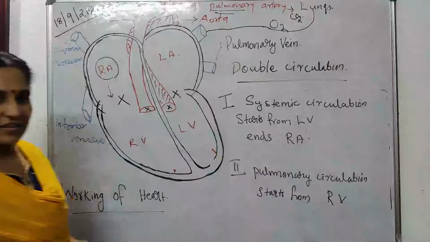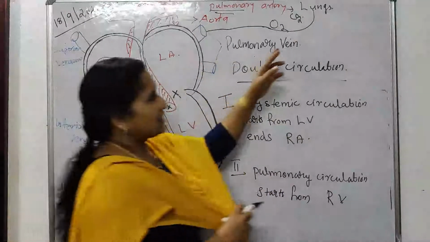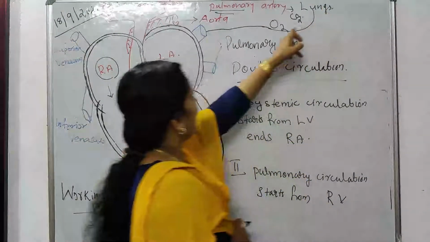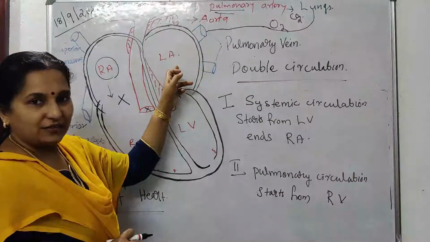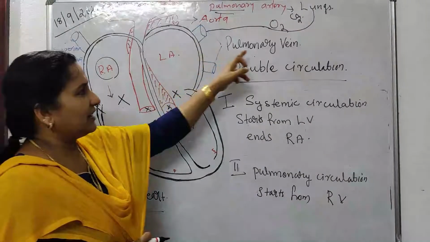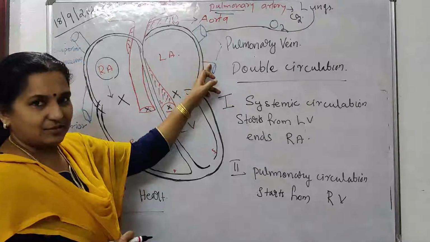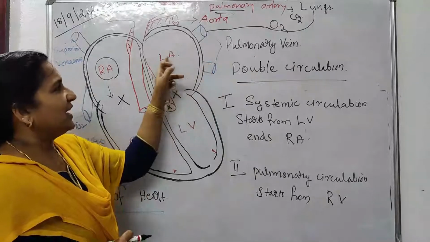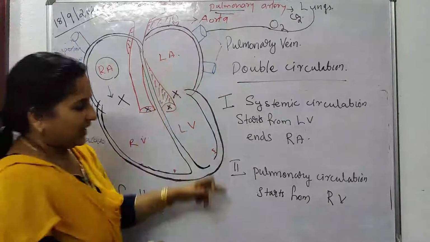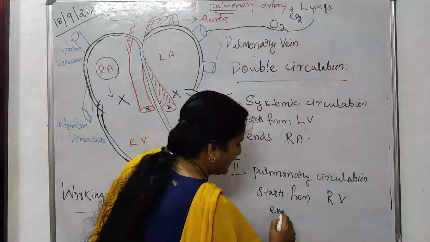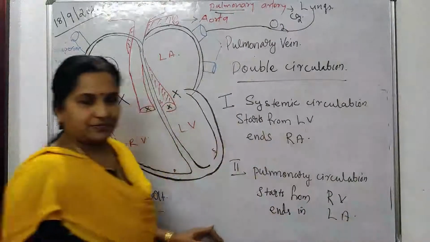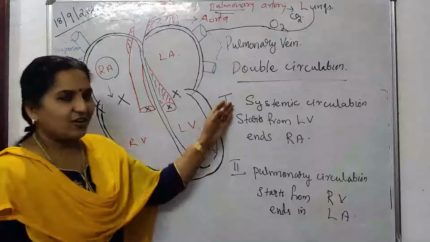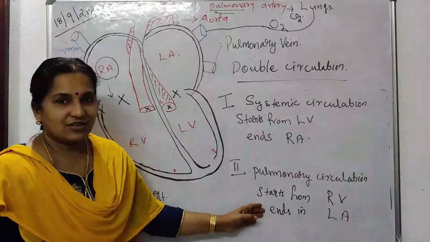After it reaches the lungs, it is carried by the pulmonary vein to the left atrium. Pulmonary vein carries that oxygenated blood to the left atrium. So we can say that it ends in left atrium. Okay, this is known as double circulation.